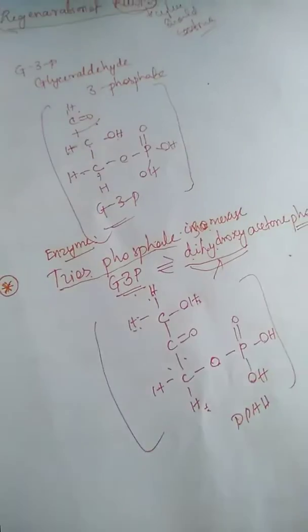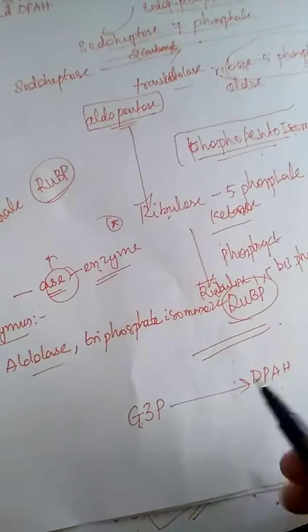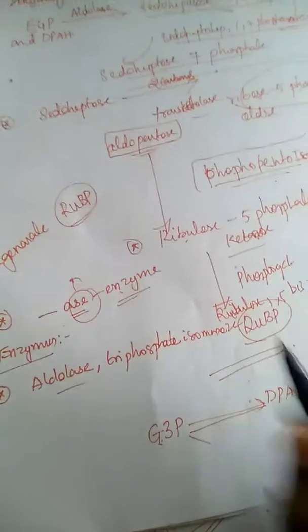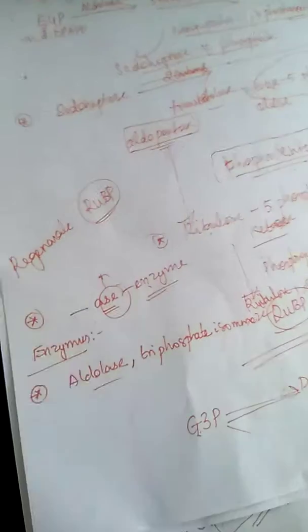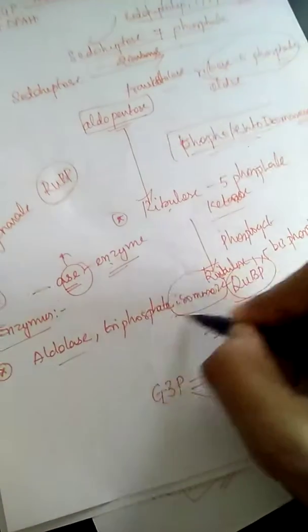So this is basically isomerization, converting one isomer into another isomer. That's why when we do isomerization, we use the enzyme isomerase.